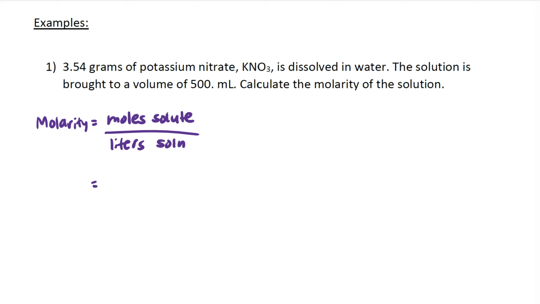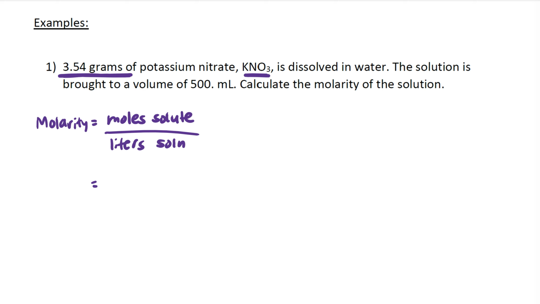Let's insert the number of moles of solute. What is being dissolved? We're dissolving 3.54 grams of potassium nitrate. Well, that unit right now is in grams. I can't put grams into this molarity equation. I have to put moles into this equation.